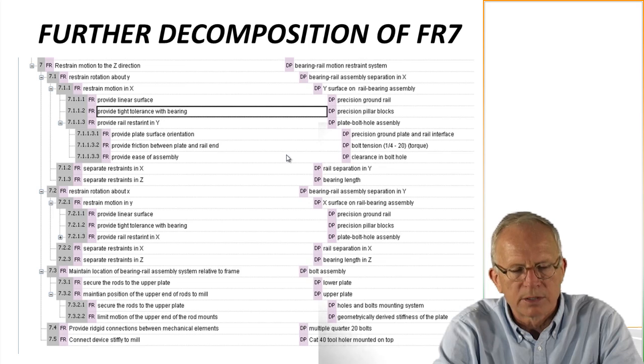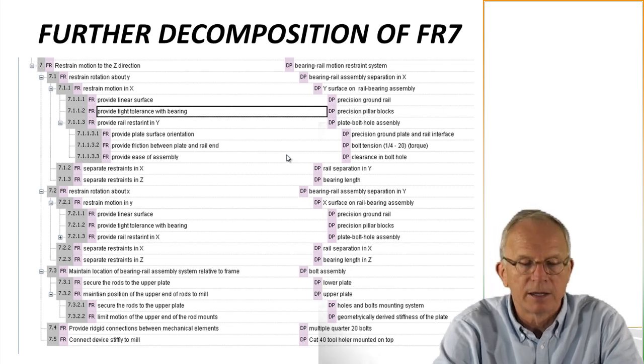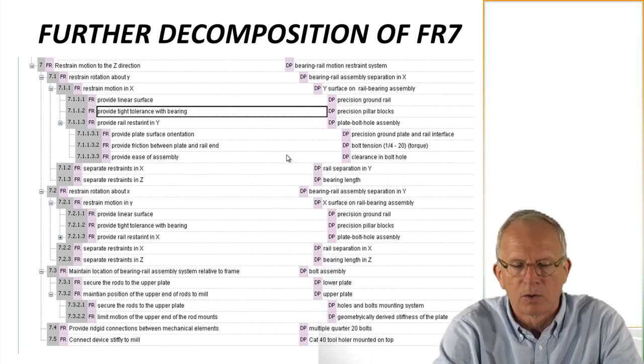So let me point out some critical analysis of this. This was done several years ago. Let's take a look at 7.1.1.3.1. The FR is provide a plate surface orientation, and the DP is a precision ground plate.